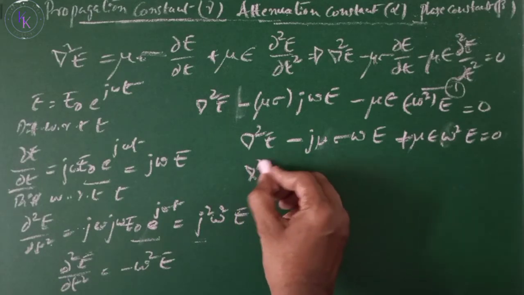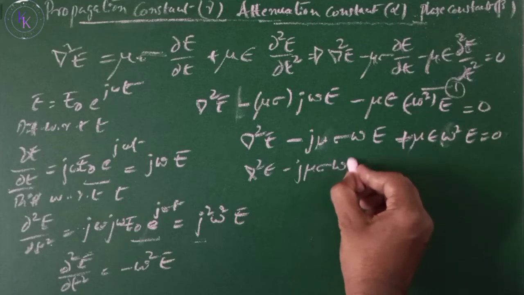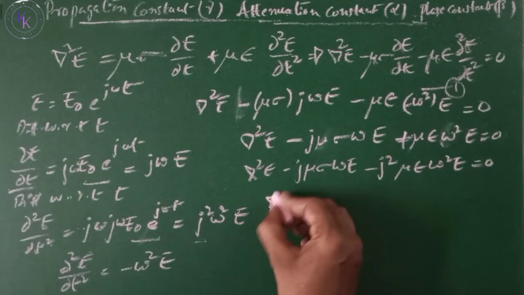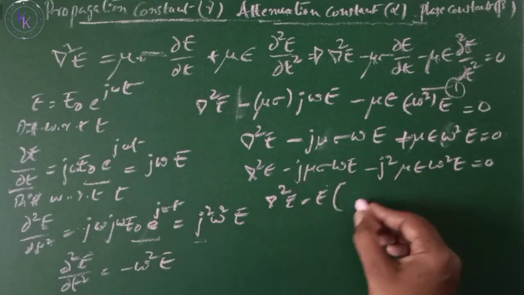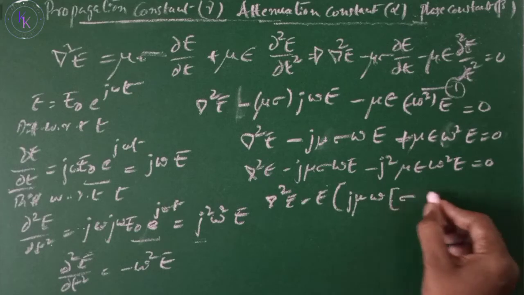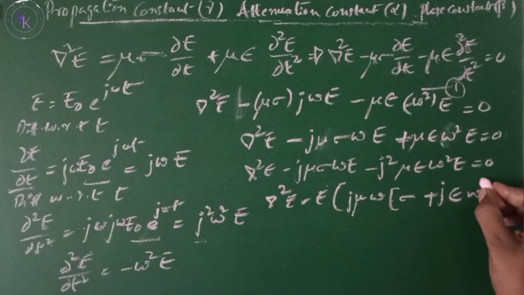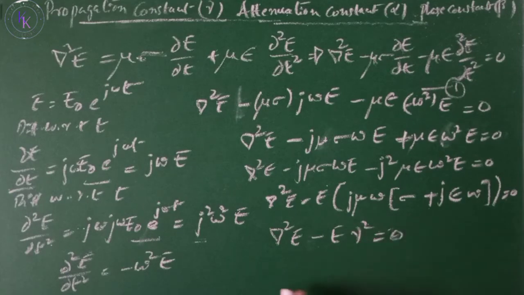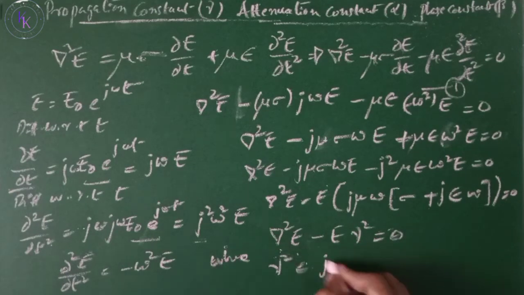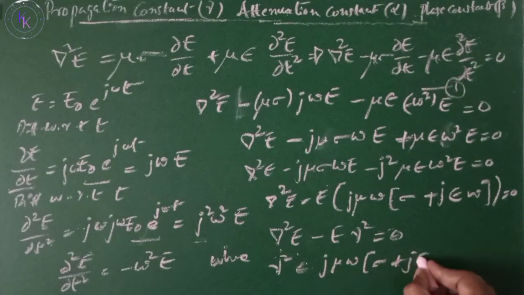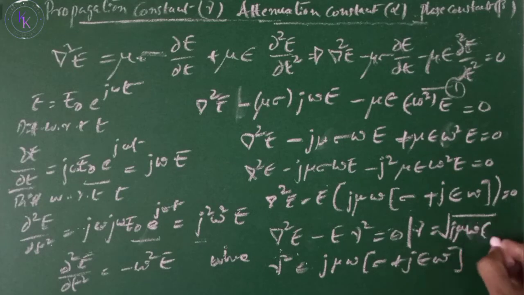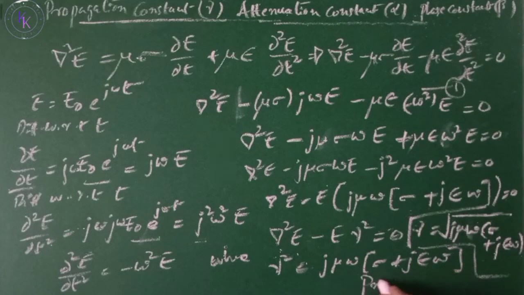Now this equation we can write as del square E minus j mu omega sigma plus j epsilon omega, taking E out, equals 0. This we can write as del square E minus gamma square E equals 0, where gamma square equals j mu omega into sigma plus j epsilon omega, from which gamma equals square root of j mu omega into sigma plus j epsilon omega, and this is known as the propagation constant.